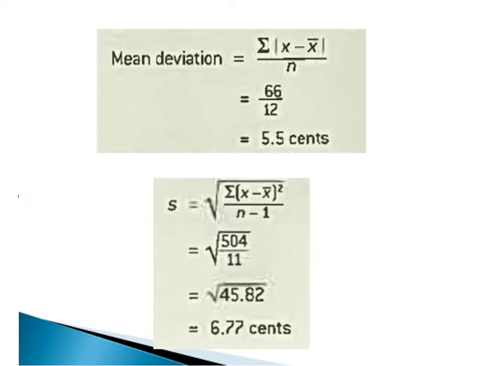You know the number of values, the hypermarkets from which we got the prices, is 12, but according to the standard deviation formula n minus 1 becomes 11, so we have 6.77 cents as the standard deviation of the prices.